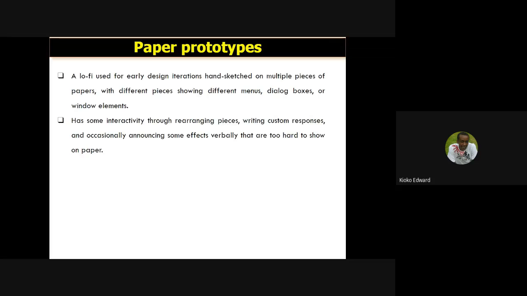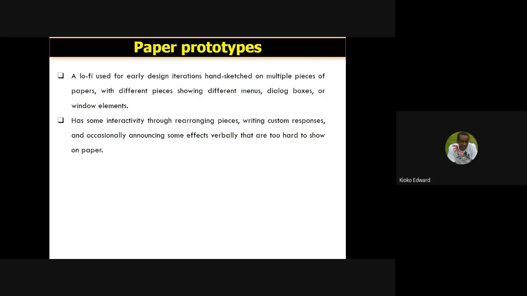Apart from rearranging the pieces of paper, we can also write the custom response. What do you expect the system to respond once you do this? Then you can write it down, and that's a form of paper prototype.